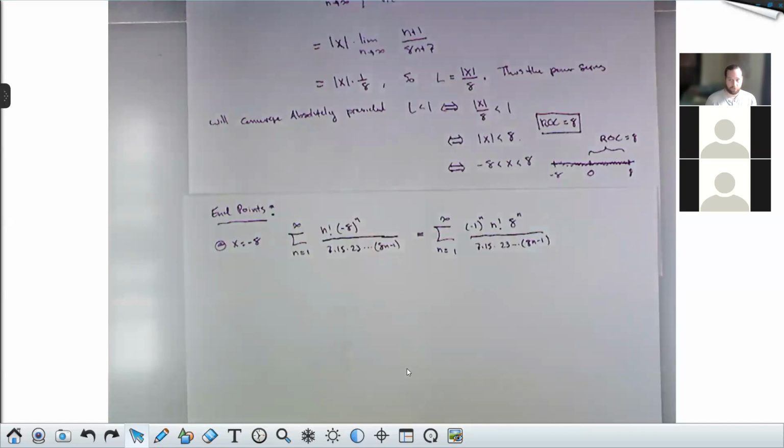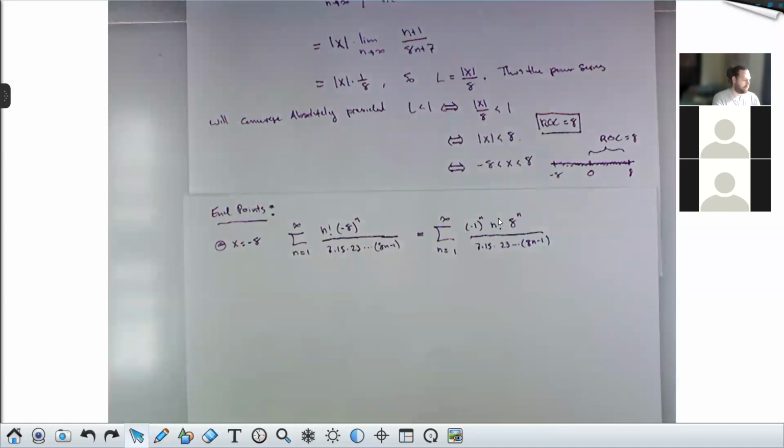Normally, we would do the ratio test because of the factorials and factorial-like products, but we know the ratio test is going to fail us on this because the reason we're plugging in -8 is because we know that that will make the ratio test limit equal to 1, right? This would be 1 if we plug in -8. So the ratio test isn't going to save us. That pretty much just leaves for this guy some sort of comparison or an alternating series test.